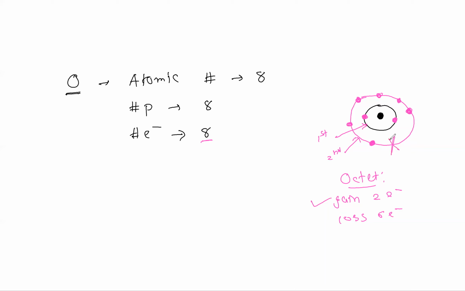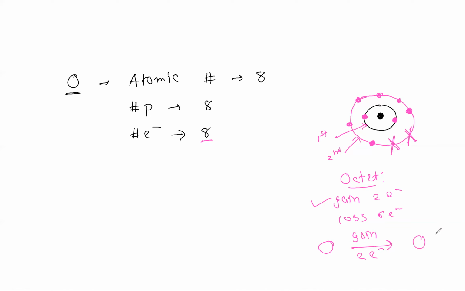So let's say this is the second oxygen. These are the 2 electrons oxygen is getting. What does it mean? Now its octet is complete. To complete the octet, oxygen has to gain 2 electrons.